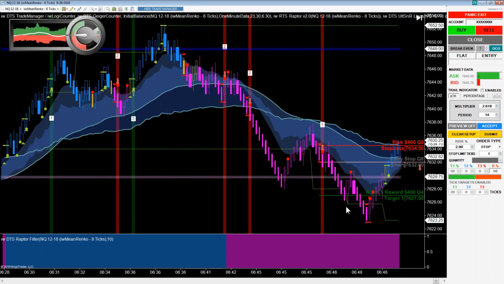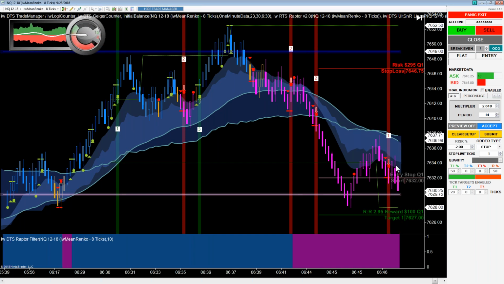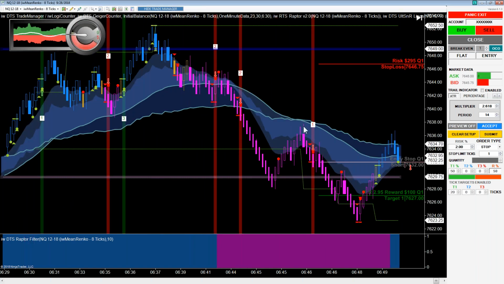So to prevent that, a simple rule of thumb is if you keep your stop 2 swings back, so there's swing 1, here's swing 2, somewhere around here. What will happen is if the market tries to pull against you, it will challenge the first swing.